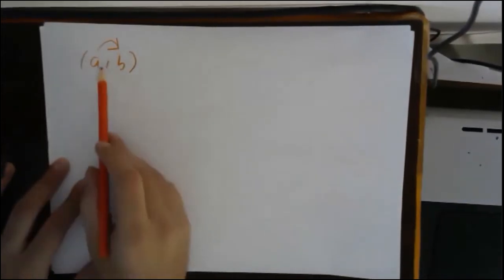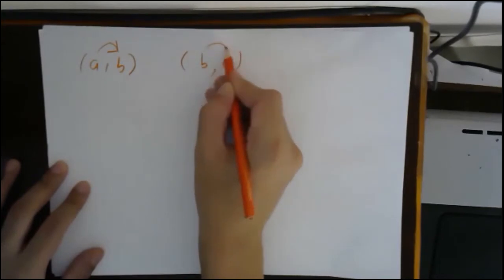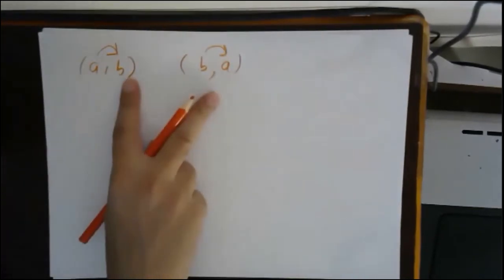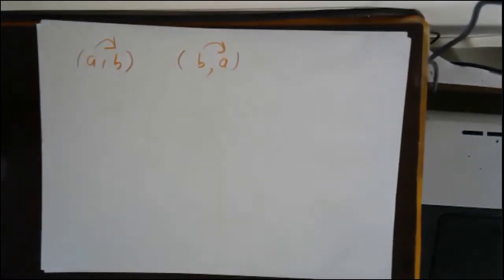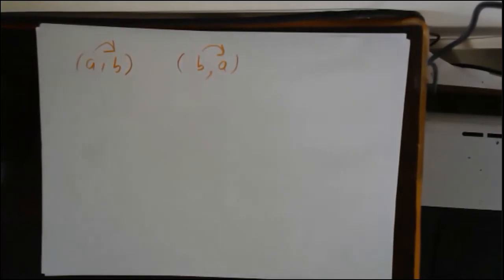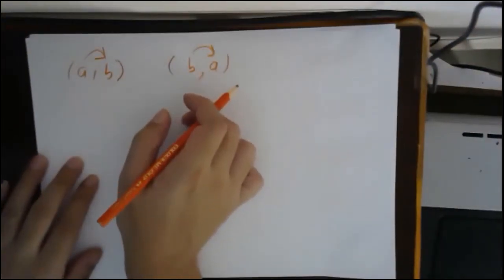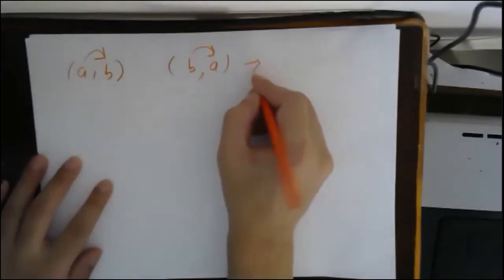In this, the direction is from A to B. In this, the direction is from B to A. So these two cannot be the same. Here A is directed towards B, and in the second case B is directed towards A. Fine. So all such elements are known as ordered pairs.